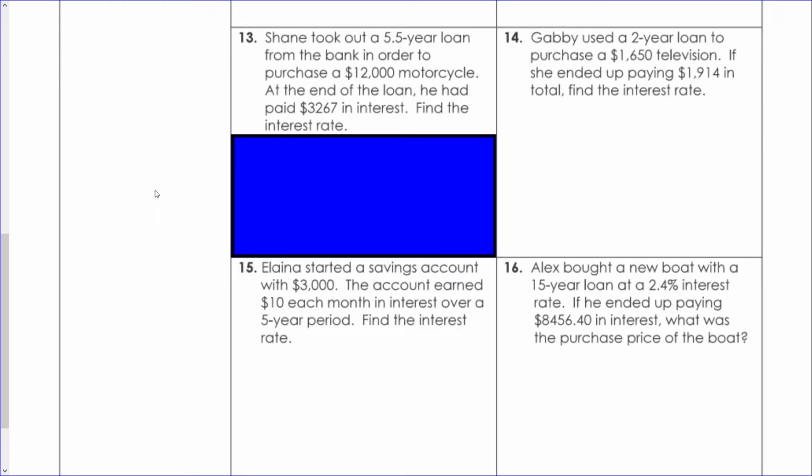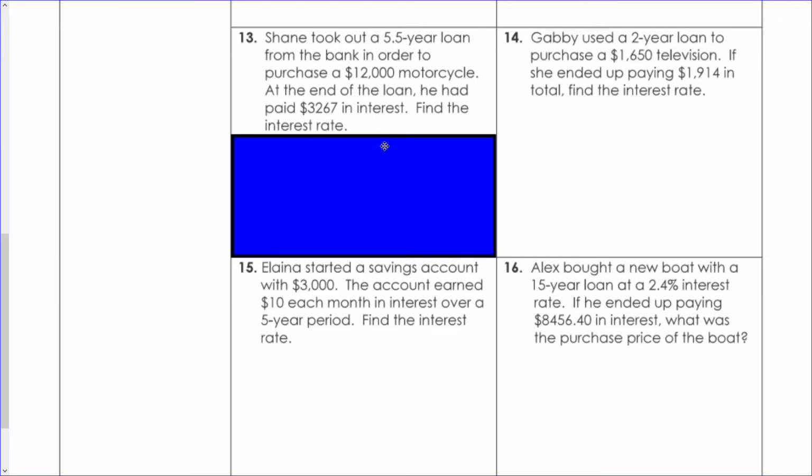your way. Now this is a problem that really illustrates why I think it's important to list off what everything means as far as principal, rate, and time. Shane took out a 5.5-year loan from the bank to purchase a $12,000 motorcycle.